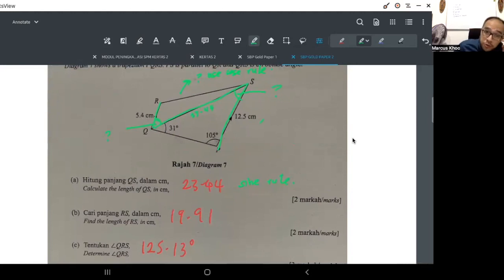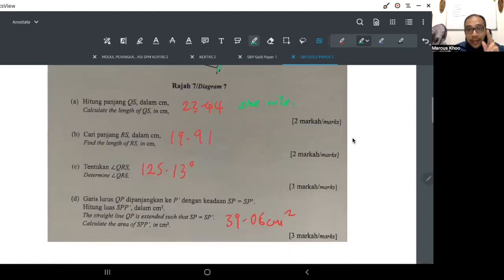Now, there are many ways to do this. You can determine it using cos rule, you can determine it using sine rule also. Since you have this 23.44 over here, you can use the sine rule, but remember that QRS is an obtuse angle.